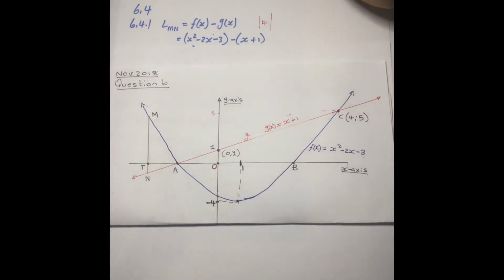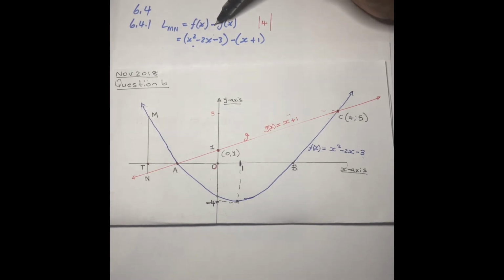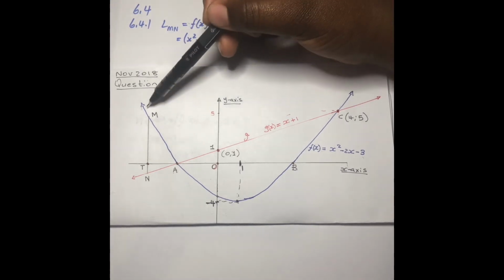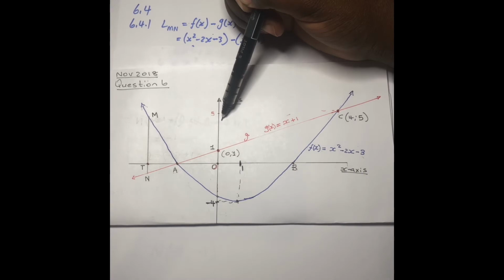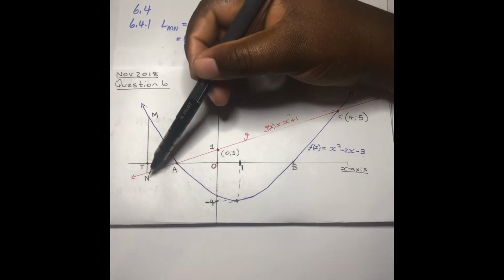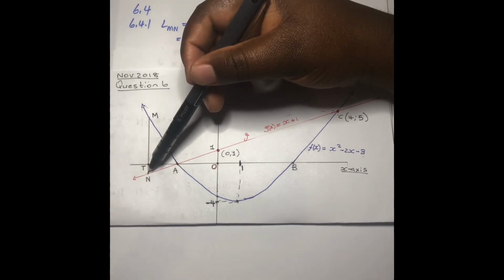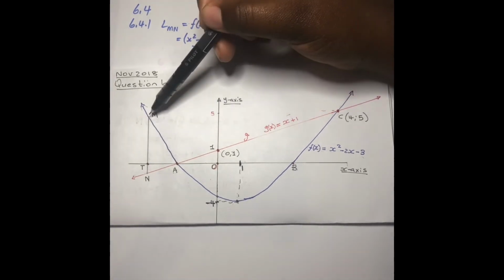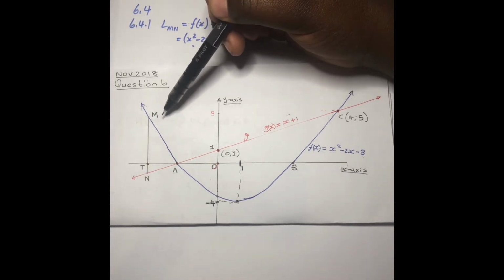So I've got a formula which says the length of MN is equal to the y value of this graph minus the y value of this graph. The y value of the graph of f minus the y value of the graph of g is equal to the length from there to there, which is already given as 6.